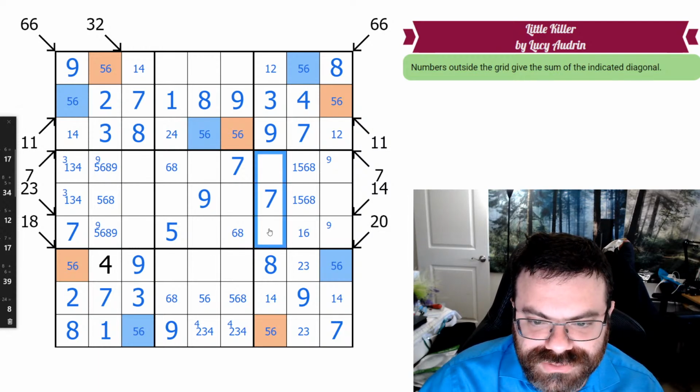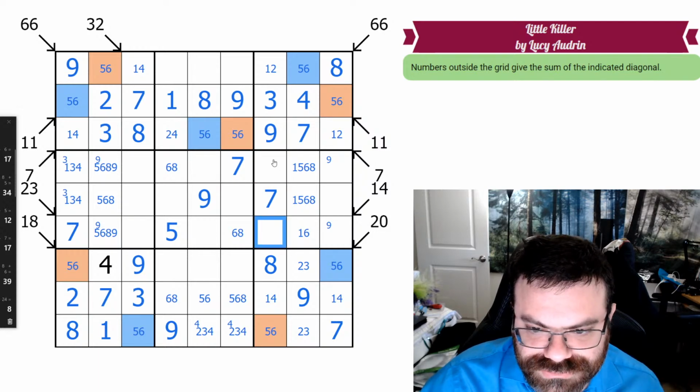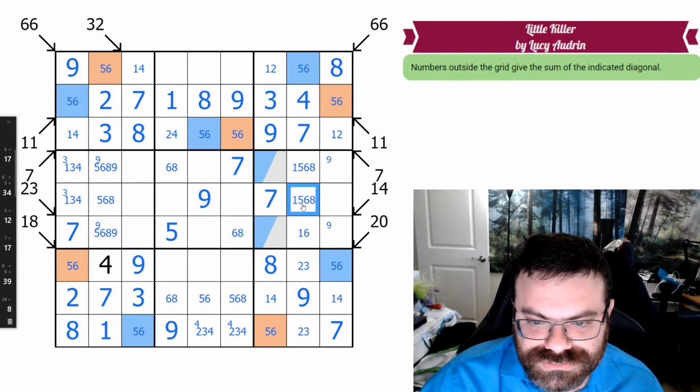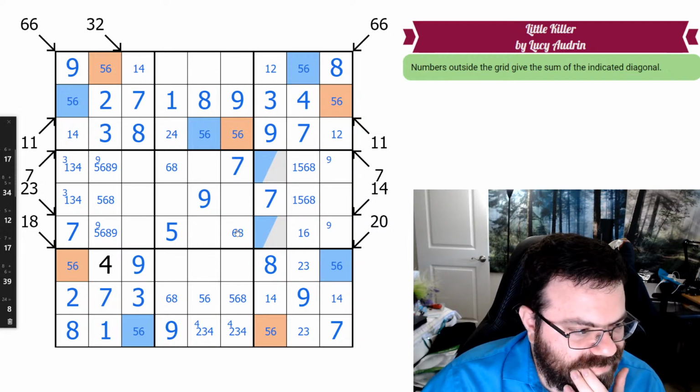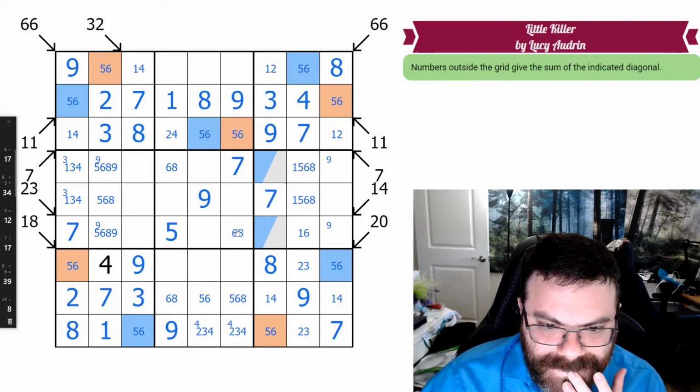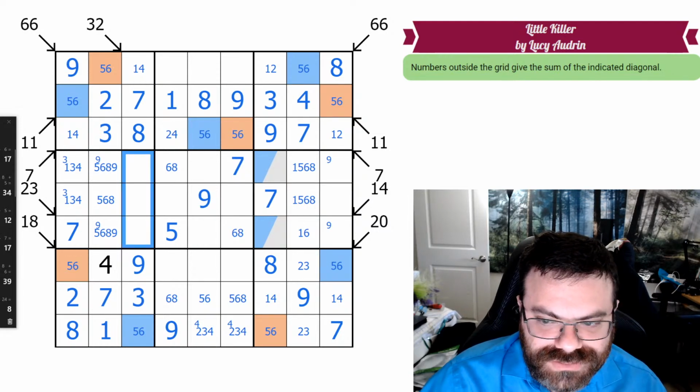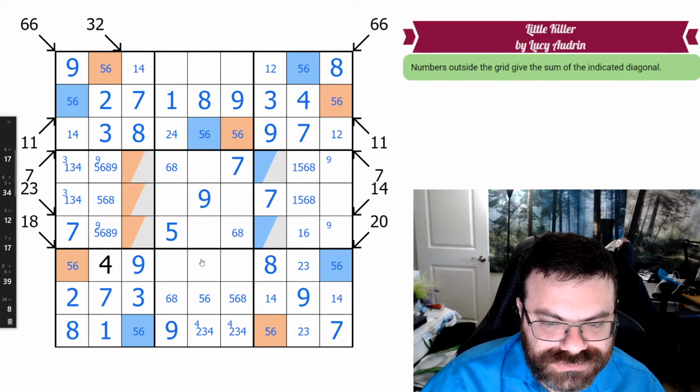Column 7 needs a blue somewhere. There's an orange somewhere here.